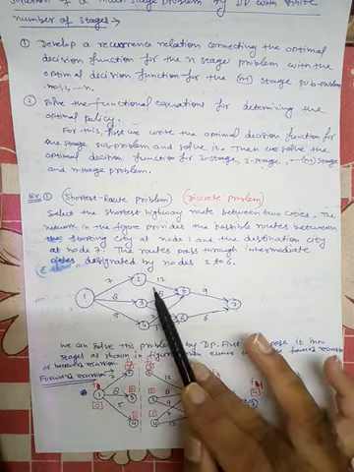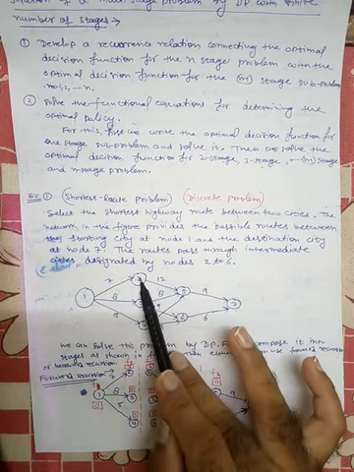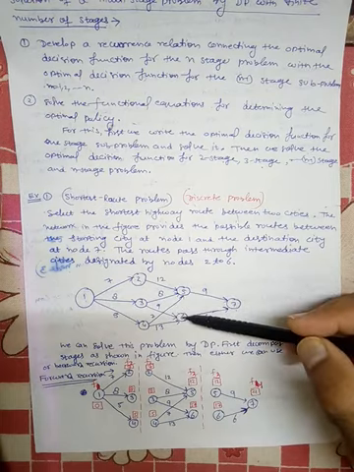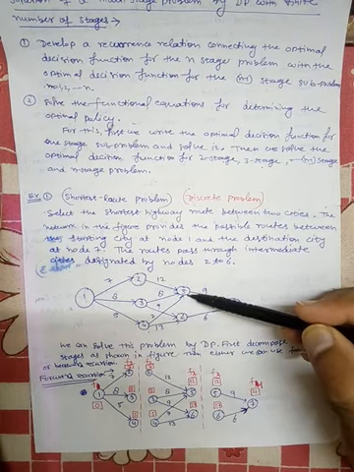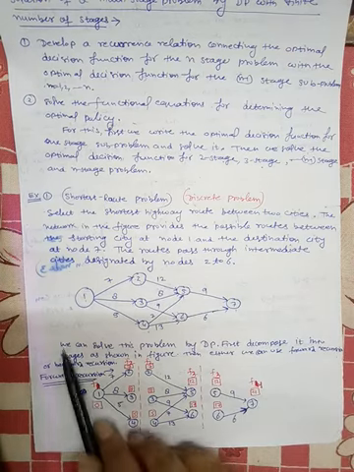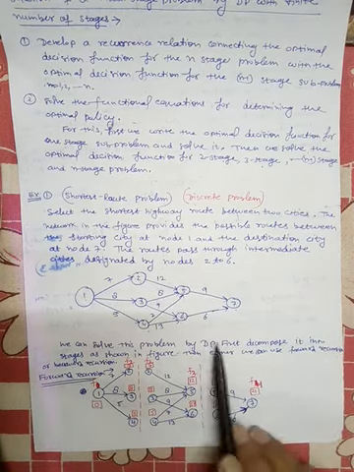Otherwise they are not connected. For example, 1 and 2 are connected, or 2 and 6 are not connected. However, 4 and 5 are connected because they have a line. That's why. So now one can solve this problem by dynamic programming.